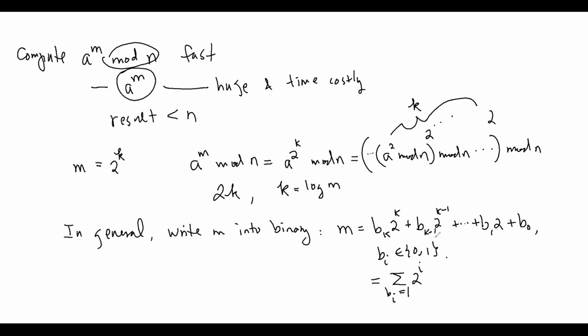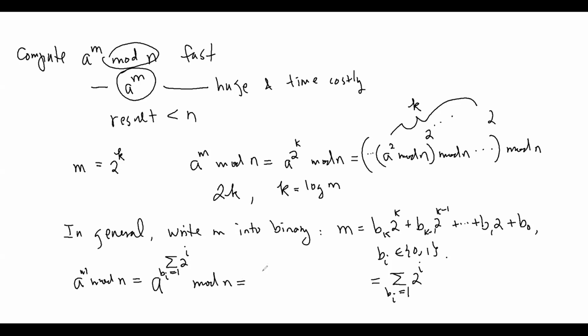So with this, we know that a to the m mod n is equal to a to the sum of b_i times 2 to the i, mod n.